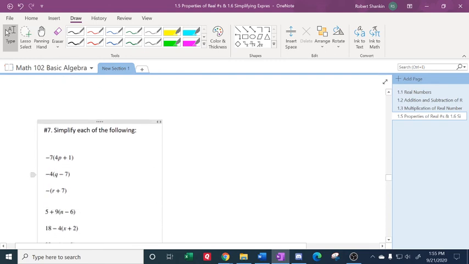I'm going to have you do these first bunch of problems. Simplify each of the following, but I'm going to give you a short amount of time here because I've got a fair amount to get through today.